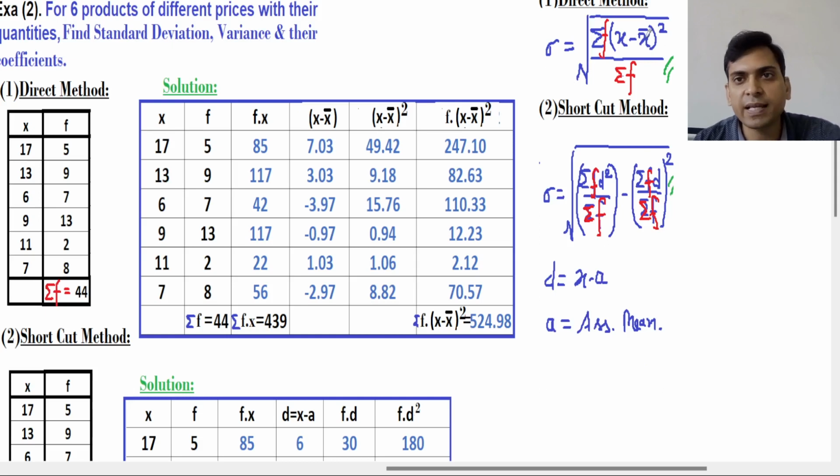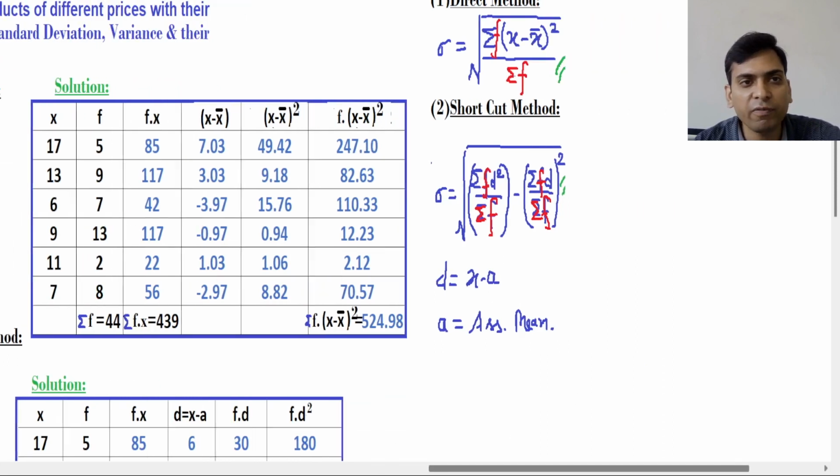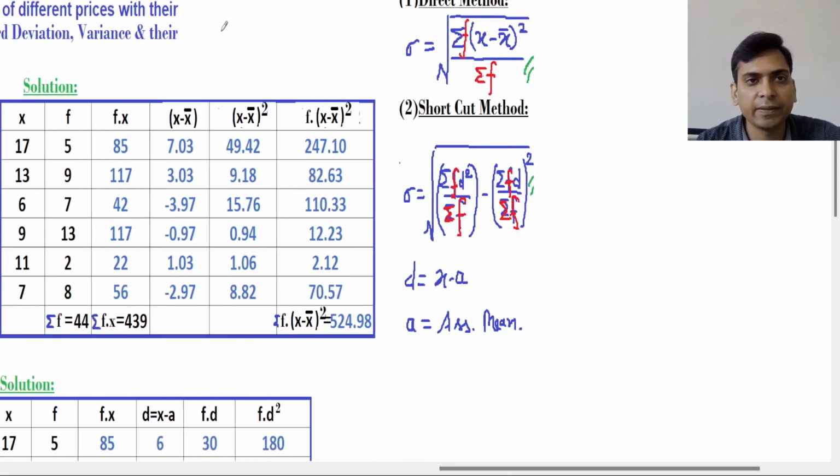So the first task is always x bar. For x bar, we will use the formula for discrete data, summation fx divided by summation f. To find this x bar, you need fx, so you will create an fx column and its summation. f into x: this is 85.